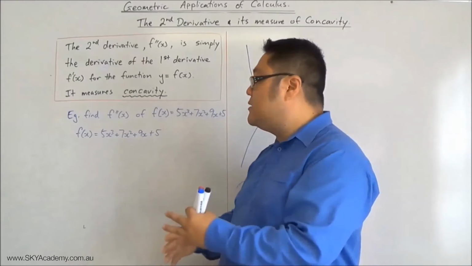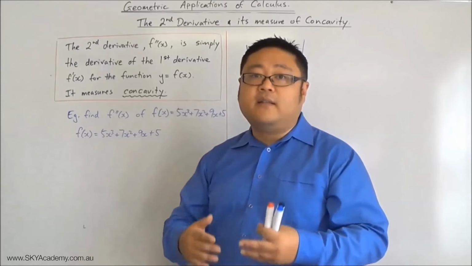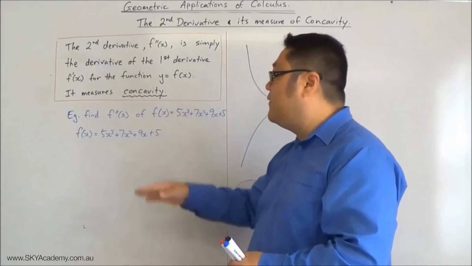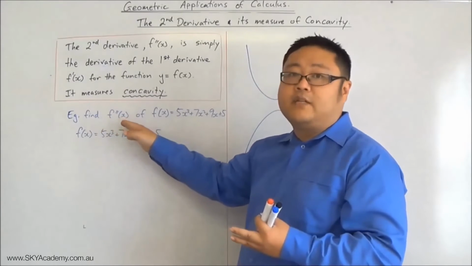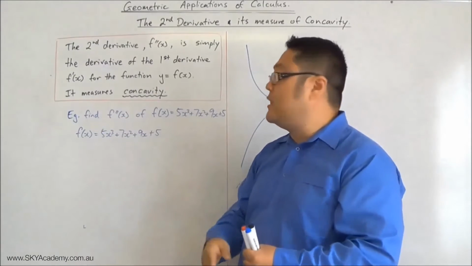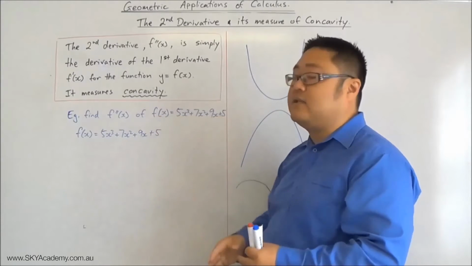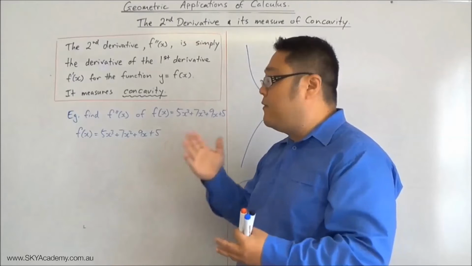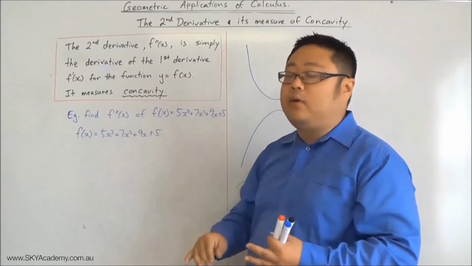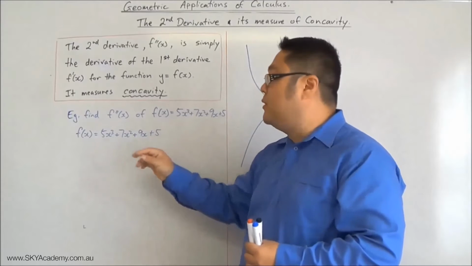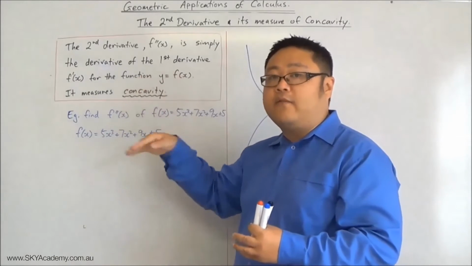So let's familiarize ourselves with how to find the second derivative. In this example, it says find f double dash of x, the second derivative of f of x. We know from basic differentiation that for each term of a polynomial, you multiply the coefficient by the power and take one off the power.